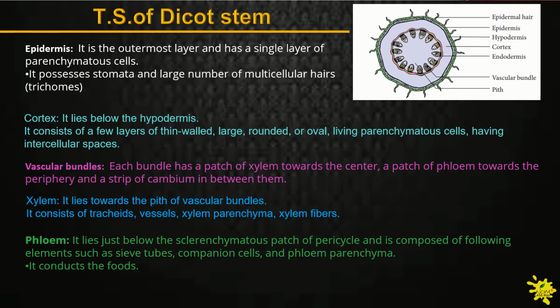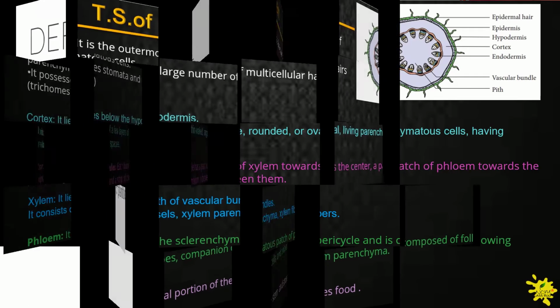It conducts food. Xylem conducts water, but phloem conducts food. The last part is pith or medulla. It occupies the central portion of the stem and stores food. In some dicot stems, the internal part or the medulla would be a hollow-like structure.